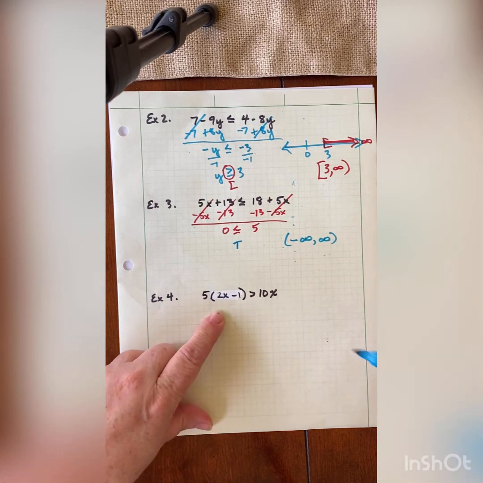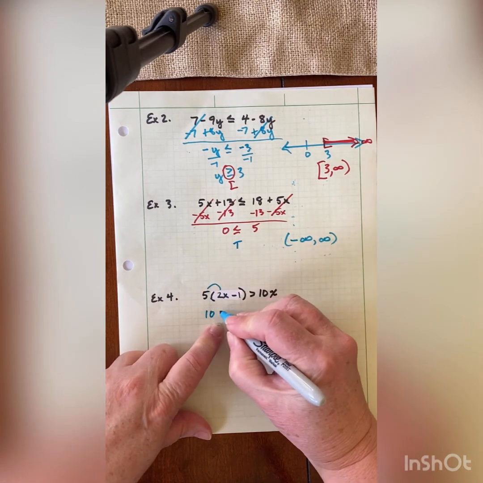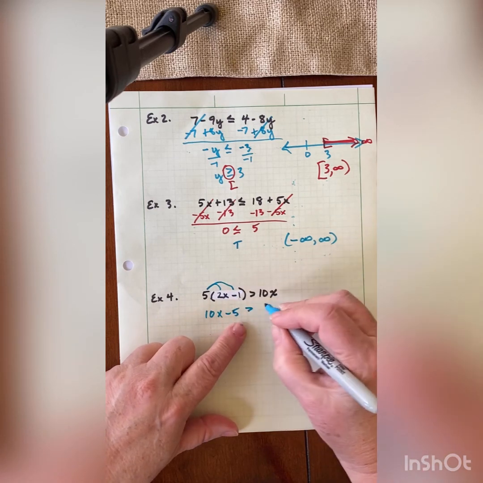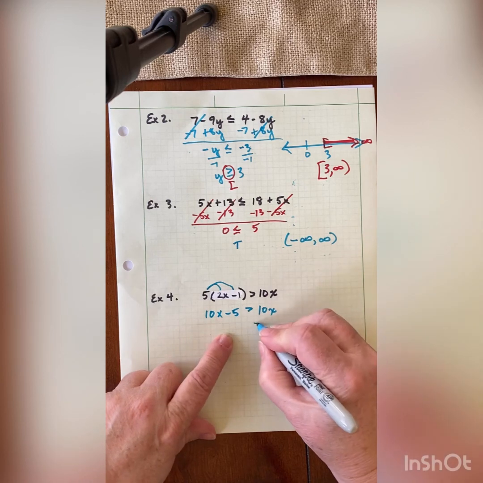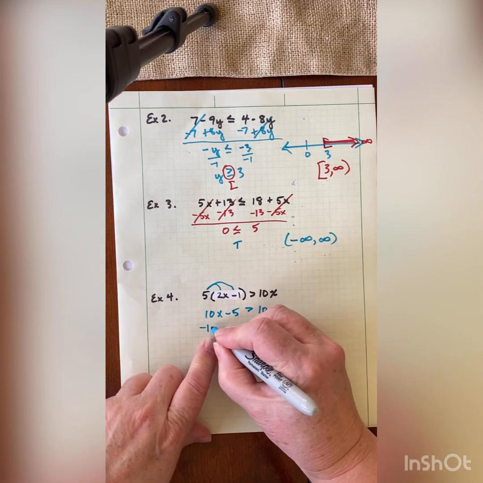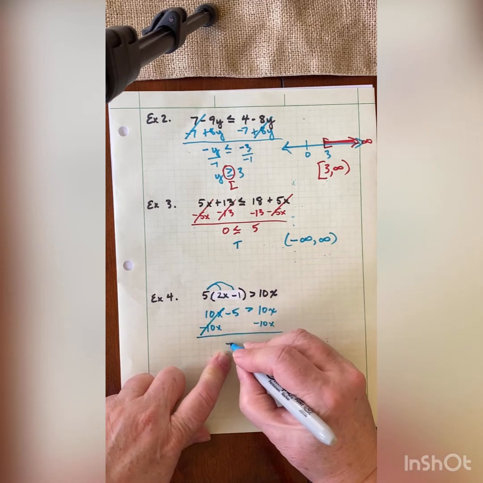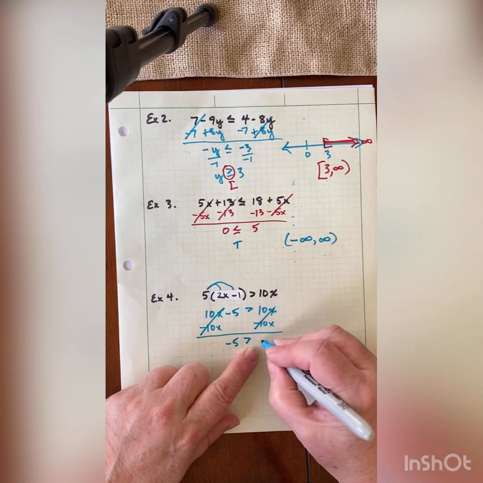Okay. Let's take a look at this next one. All right, that gives me a 10x minus 5 greater than 10x. Okay, let's move that 10x over because I like my variables over on this side. That drops out. I get -5 is greater than, and this whole side drops out.